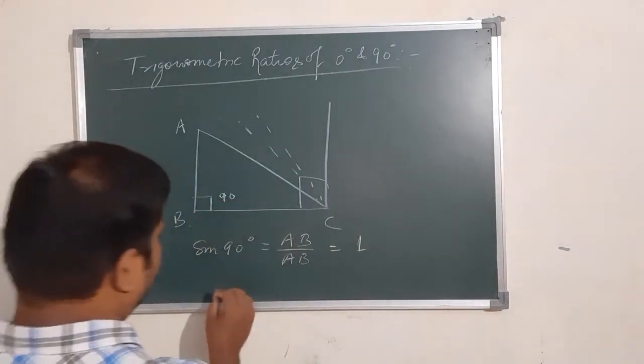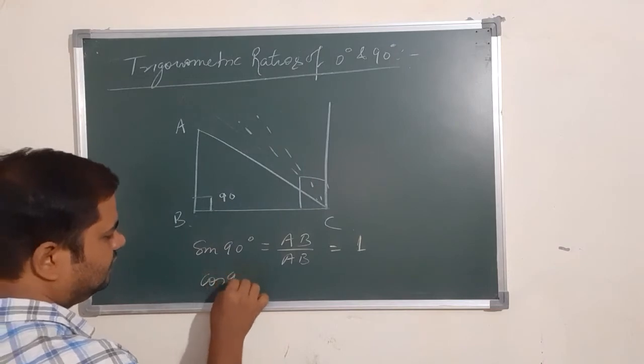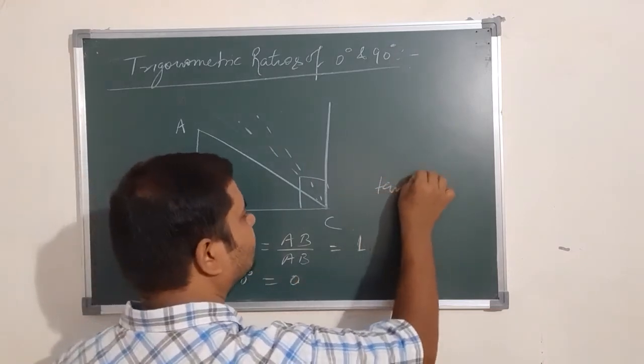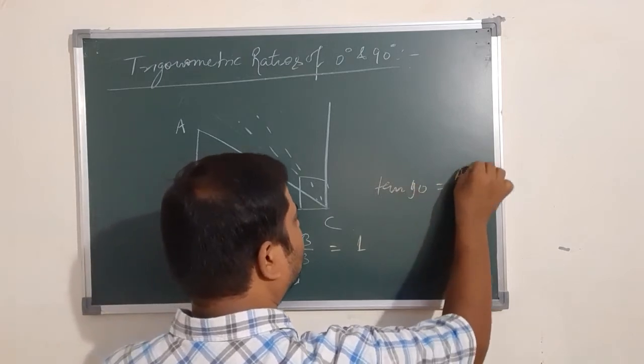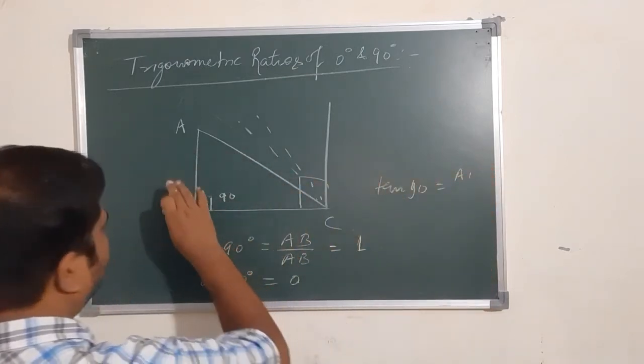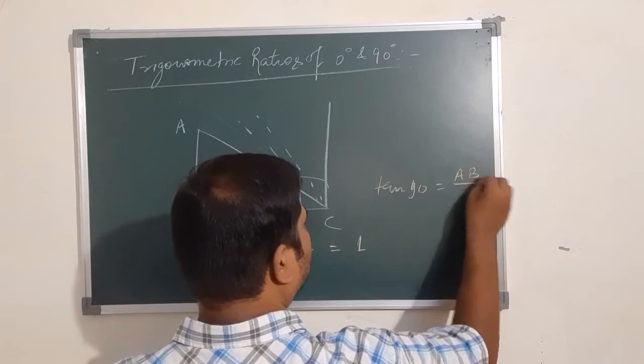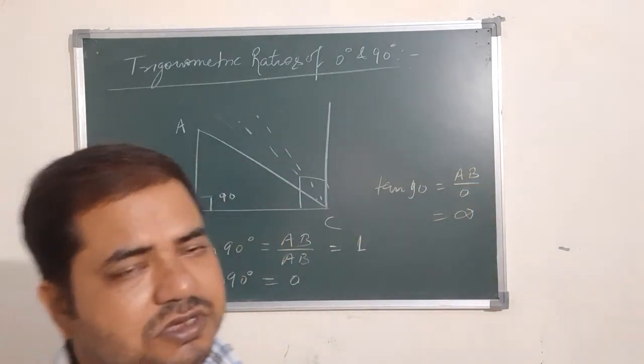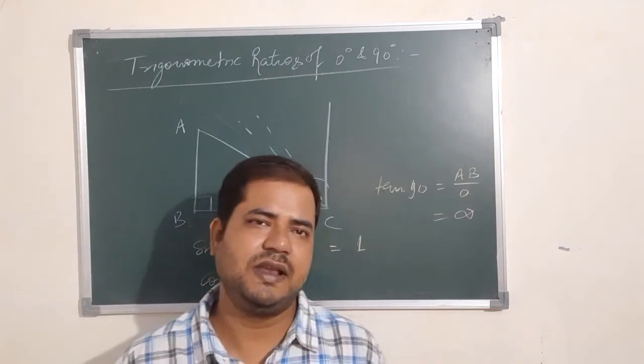So cos 90 is 0 and tan 90 is something upon, suppose the perpendicular is AB upon 0, this is infinite. Okay, so these are the trigonometric ratios of 90 degree.